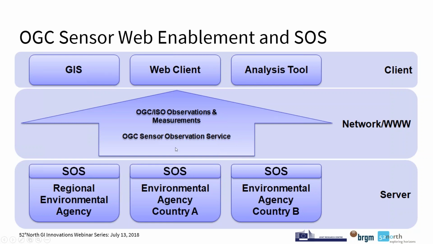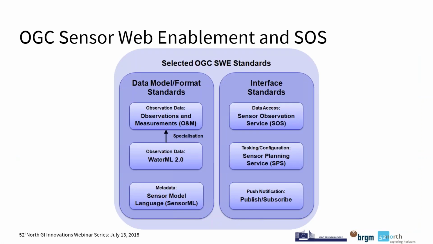So we would have 2 standards here, the SOS, the Sensor Observation Service, as a common interface for accessing the data, so how to ask for data, and OGC observations and measurements as an answer to the question how to encode the data. So access interface and encoding are the 2 elements here covered by the sensor web standards, as well as by the 2 technical guidance documents already mentioned by Alex.